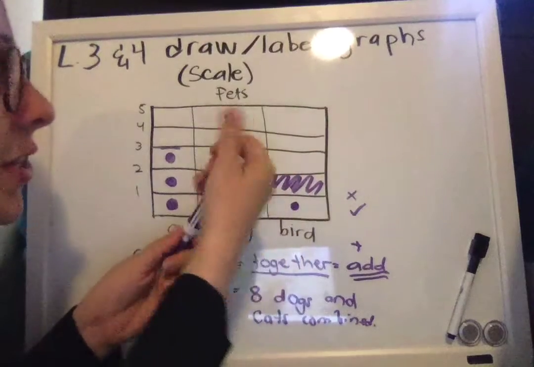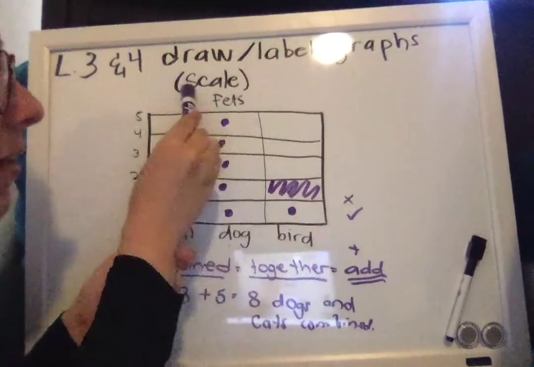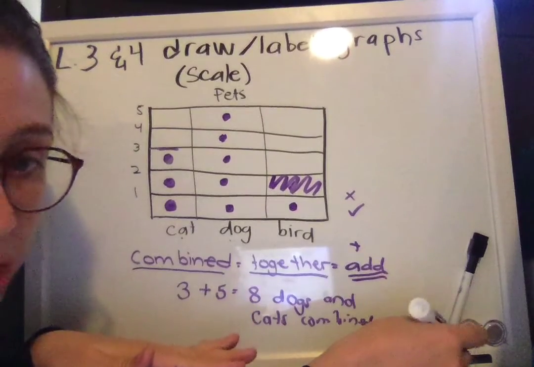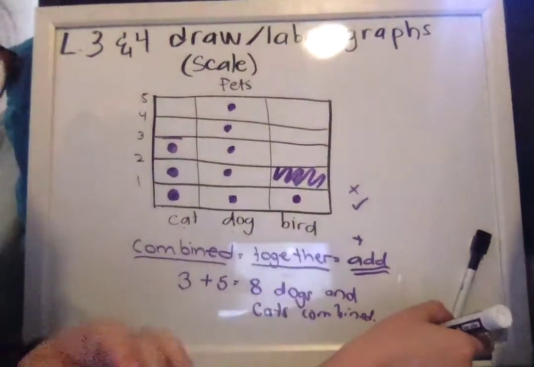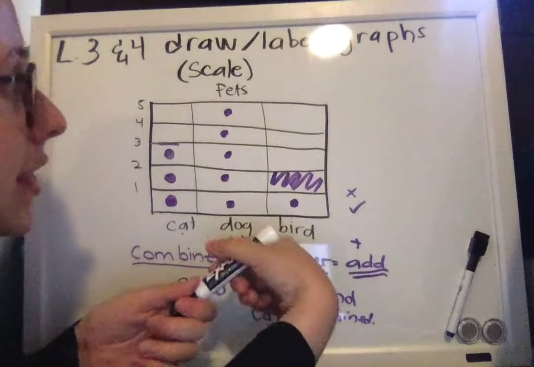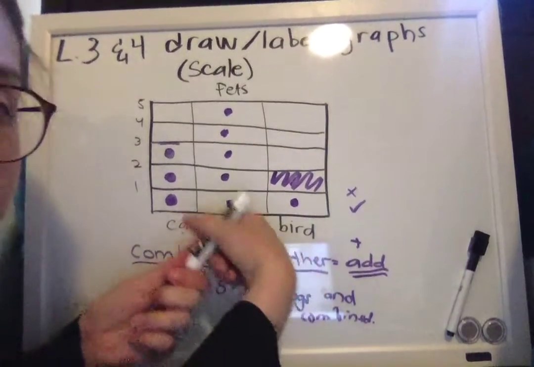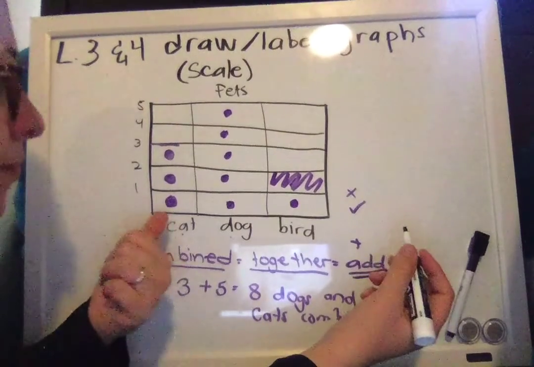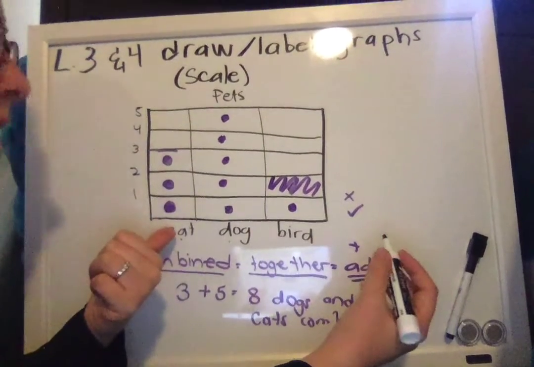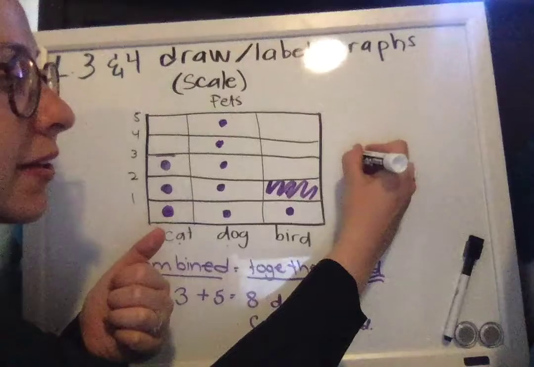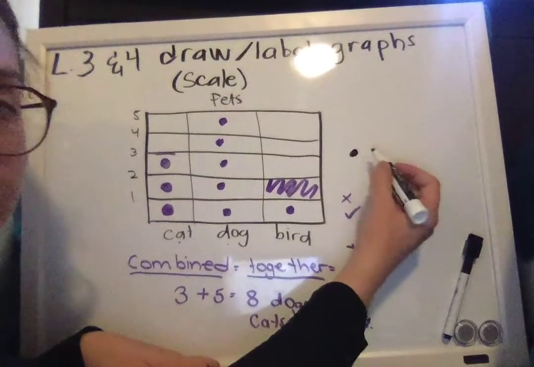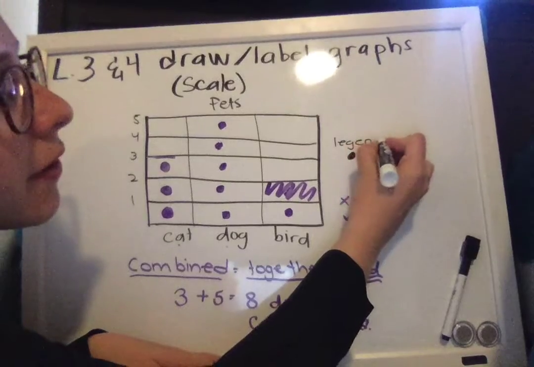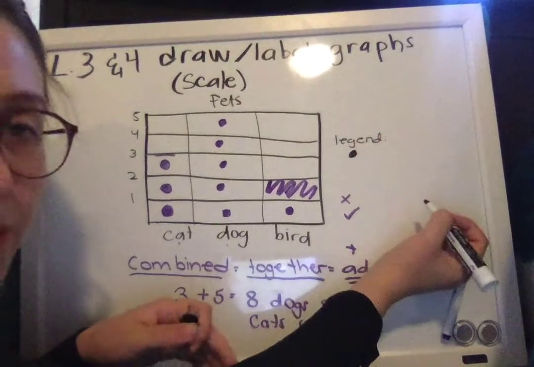Last part that I want to touch on is this word scale. Right now, we're not seeing it very much, but in the next couple of lessons, I think we see it a lot more. A scale means usually a bar graph will tell you, like this dot, it will say legend or scale or something like that.